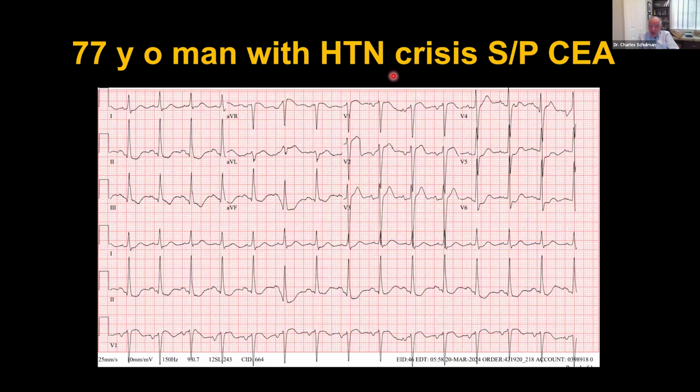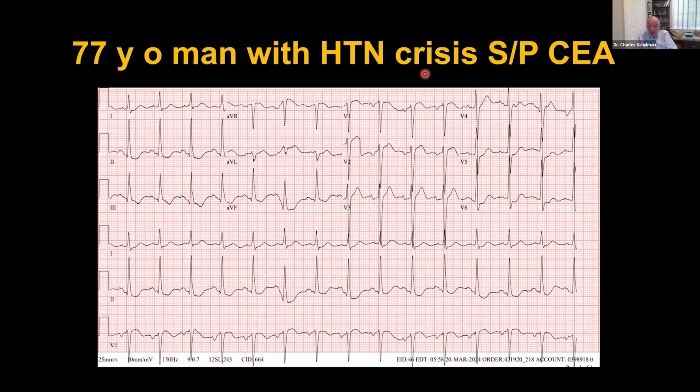Right? Extreme hypertension is not a crisis unless you have some symptom that's related to the extreme hypertension. Cerebral edema, cerebral bleeding, chest pain, heart failure, that sort of thing. So this is what happened to him.